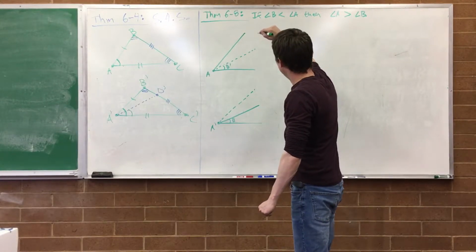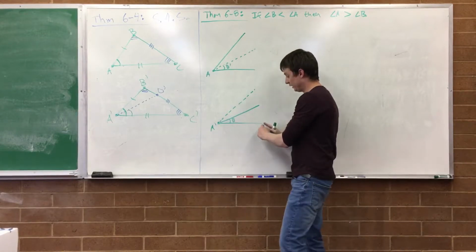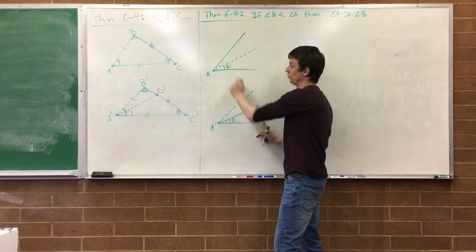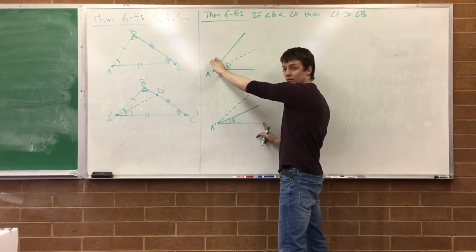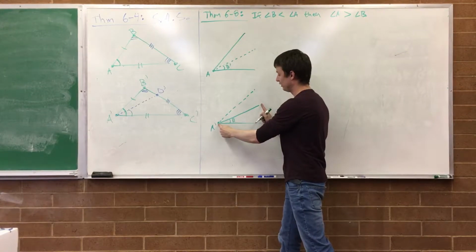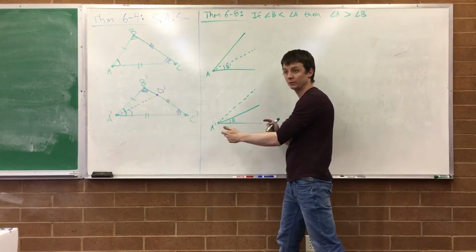And then I'm going to come over on this ray and I'm going to construct angle A prime congruent to angle A. The big crux of this proof is proving that this ray is interior to this angle. That's what I'm trying to prove.